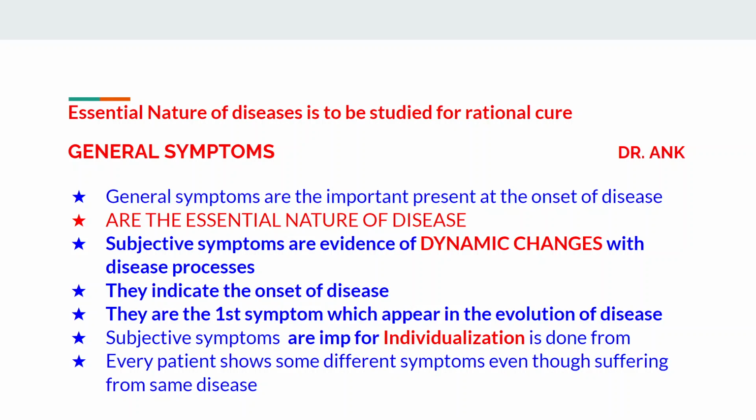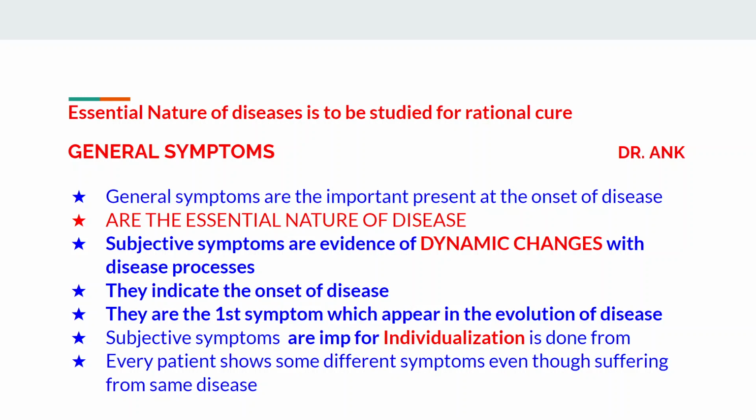All these subjective symptoms, which are nothing but symptoms of mind and symptoms of body, are the evidence of dynamic changes. They indicate the onset of disease and also the disease picture. They are the first symptoms which appear in the evolution of disease.